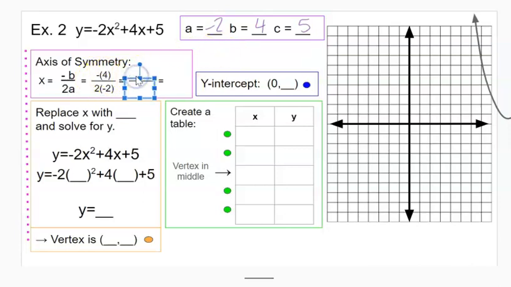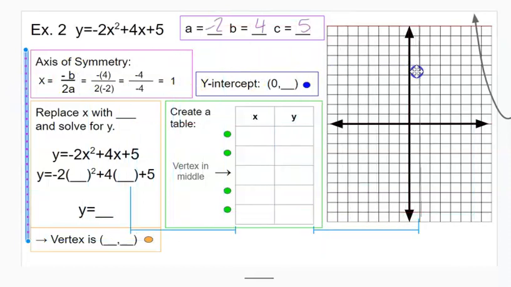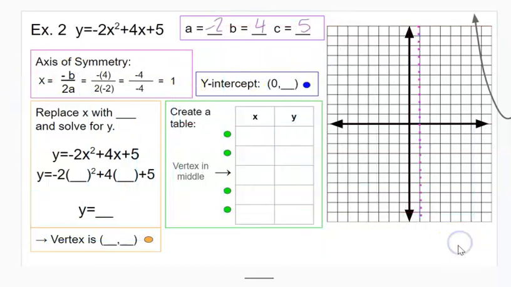Opposite of 4 is just going to give us negative 4 on the top. 2 times negative 2 is negative 4. And then negative 4 divided by negative 4 is positive 1. So our axis of symmetry is x equals 1. So I can drag my line over there, x equals 1.